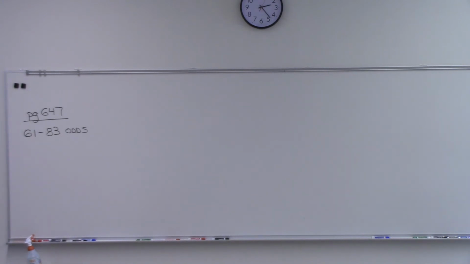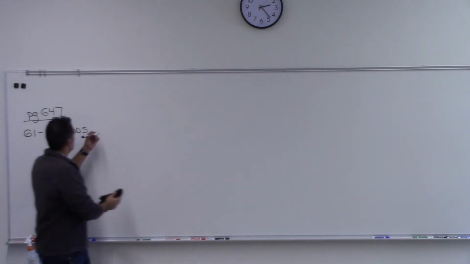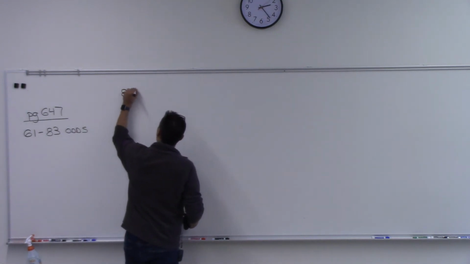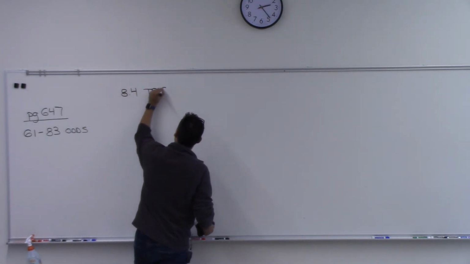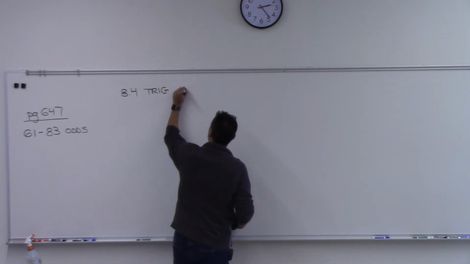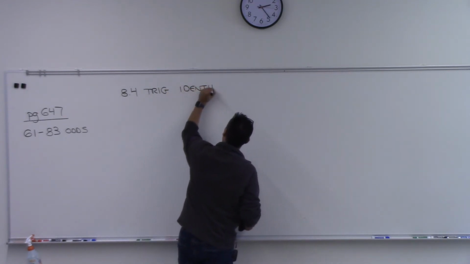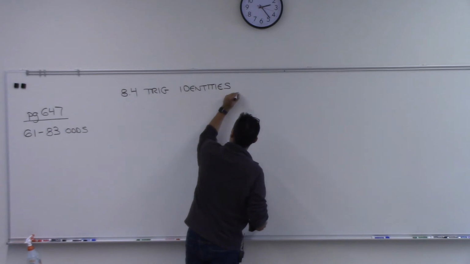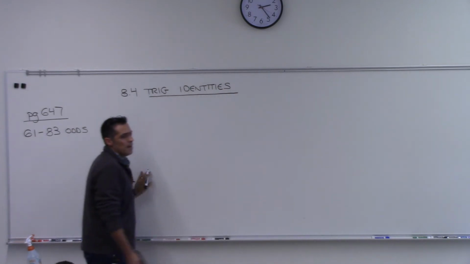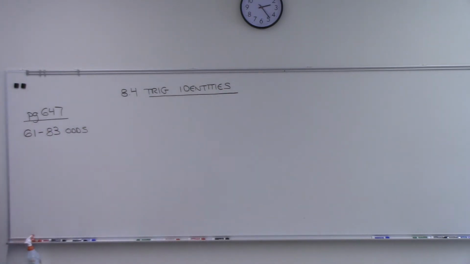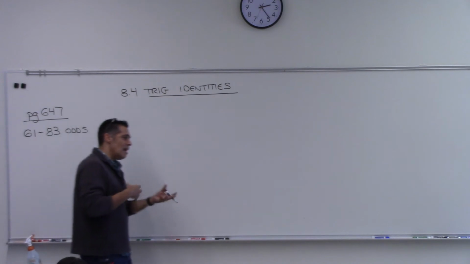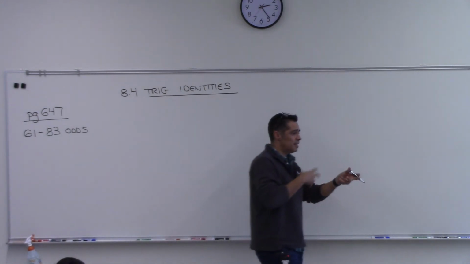So this section, 8.4, is called trig identities. What makes this section really difficult is that there are all these relationships between sine, cosine, tangent, cotangent, secant, cosecant.